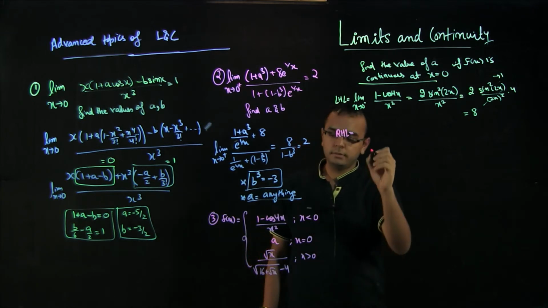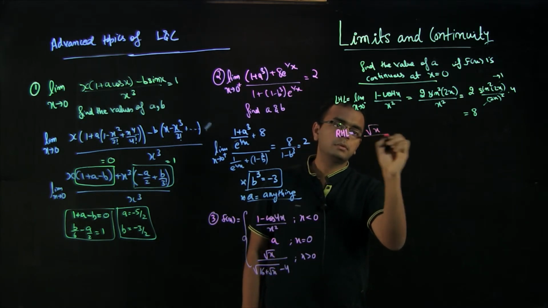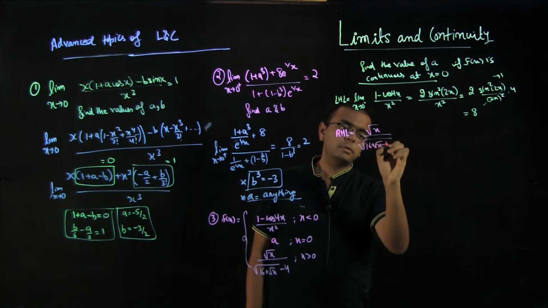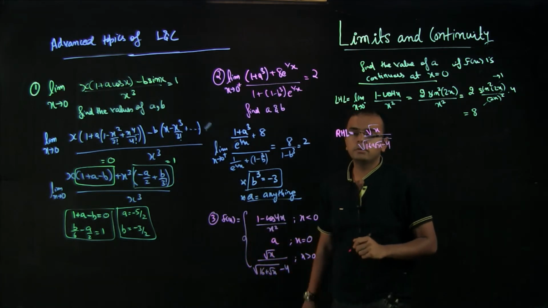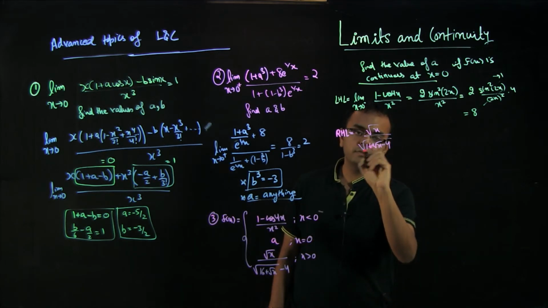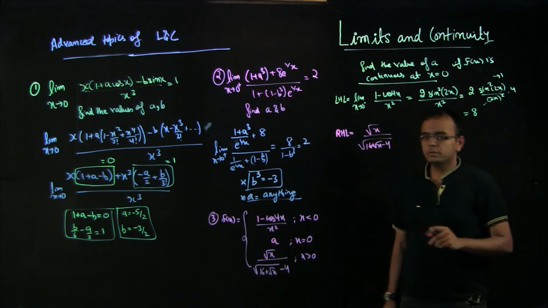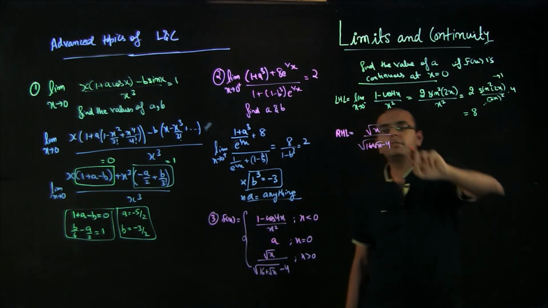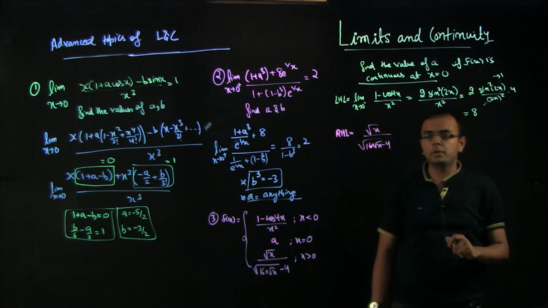is root x by 16 plus root x minus 4. Again, if we put x equal to 0, then we get 0 by 0 form. We have discussed this before, that we should rationalize whenever we see root a minus root b.